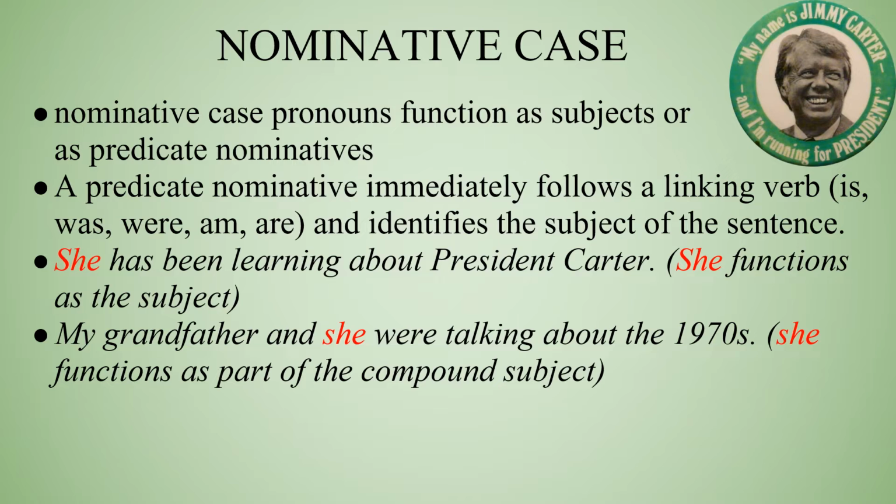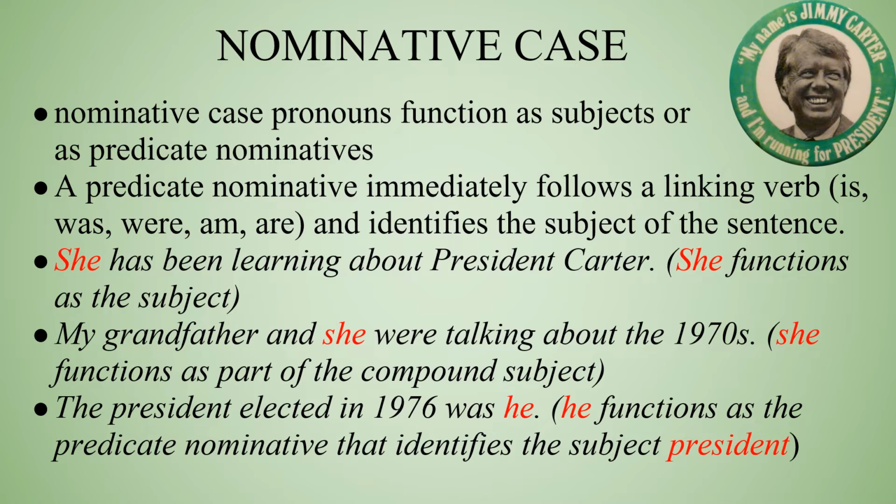You should note that she and my grandfather, the two subjects, can be switched, and it makes no difference in choosing the pronoun. It would still remain in the nominative case, even if the sentence were she and my grandfather.